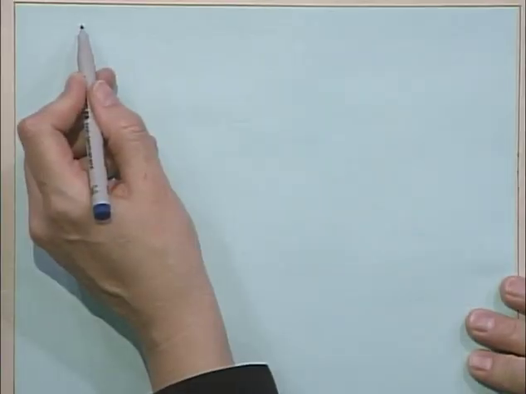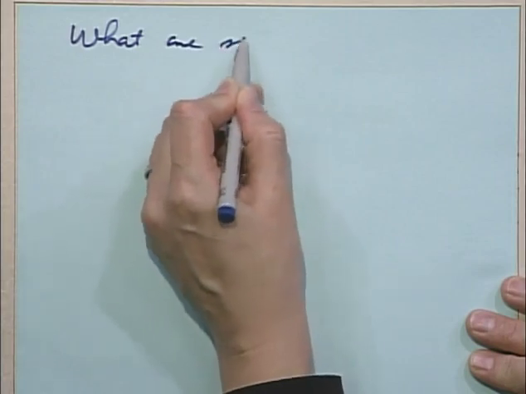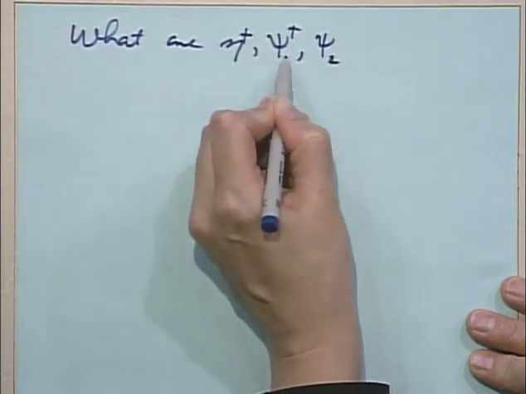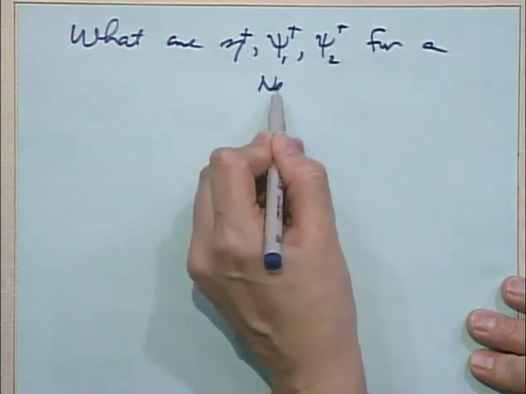What's the routine when I say, predict a material function for a given constitutive equation? Well, here's the question. What are eta plus, psi 1 plus, psi 2 plus for a Newtonian fluid?